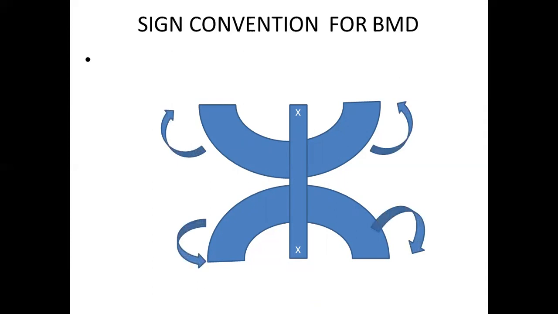Now see, if you look at the top part, that is sagging moment. On the right side of the section, the beam bends in anti-clockwise direction. And on the left side of the section, the beam bends in clockwise direction. The top one is called sagging moment, and sagging moment we will take as positive moment.